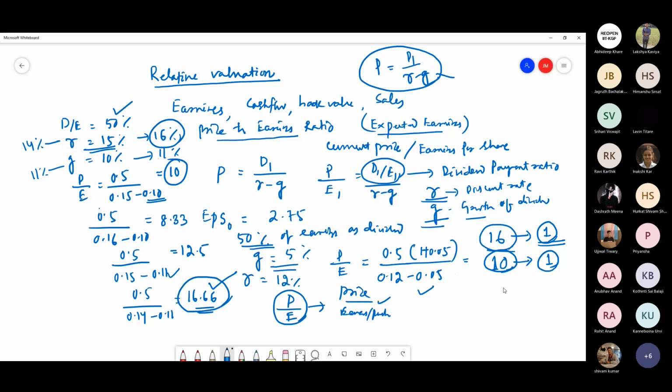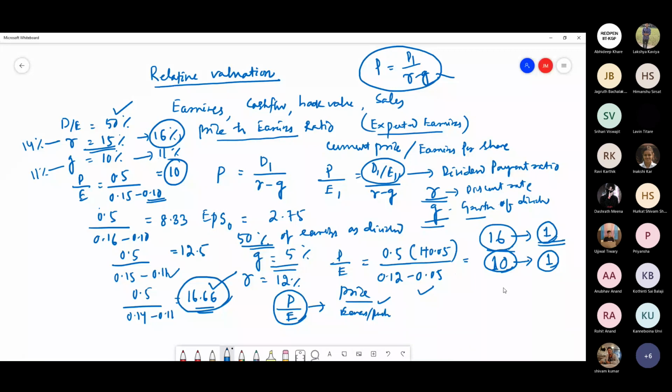Therefore, the lower the price earning ratio, the better for the investor to invest, because those stocks are considered undervalued. For example, if the investor is willing to pay 10 times the expected earnings, then they would value a stock expected to earn 2 rupees per share during the following year at 20 rupees.